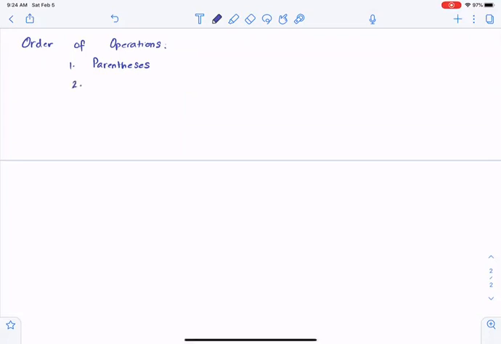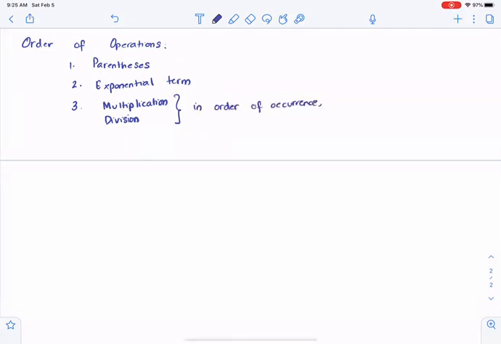The second thing is to take care of the exponential term. The third is multiplication and division in order of occurrence and left to right.